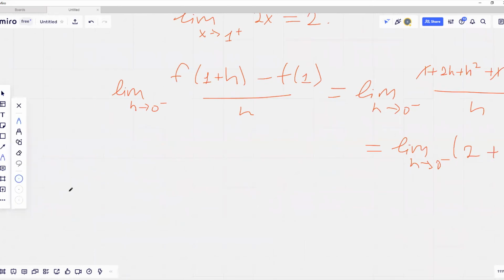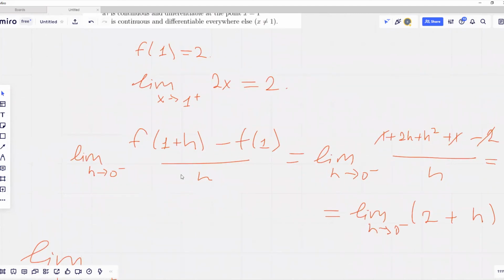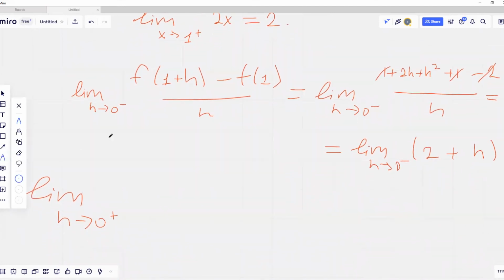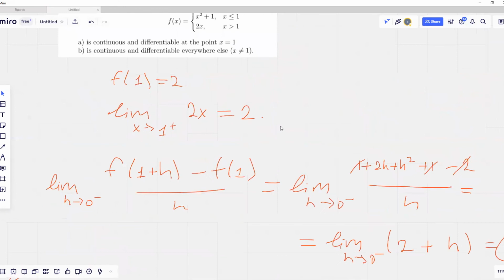Now we need to find the right-hand limit when h is approaching 0 from the right side. So the value of the function at point 1 plus something positive will result in the value of the function at a point where it's slightly greater than 1.